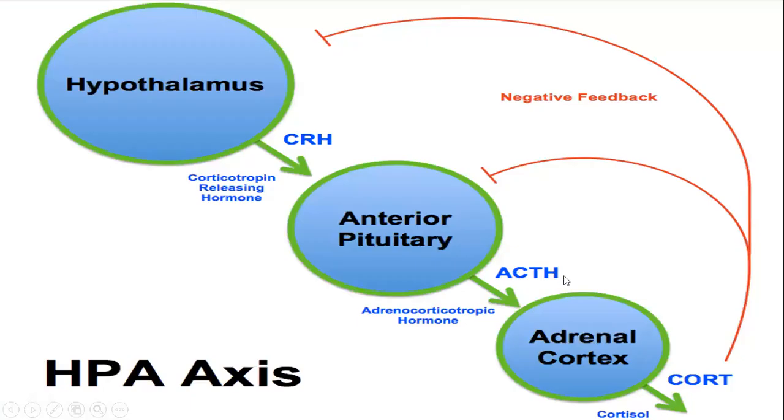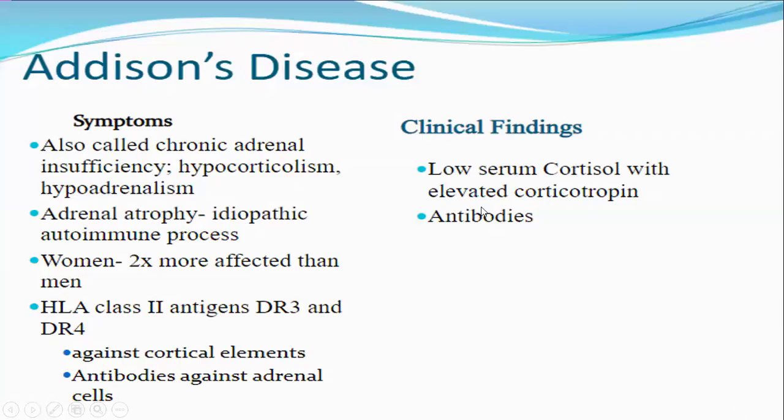And since you have low cortisol in Addison's, due to the destruction of the different cells caused by autoantibodies, this would send a positive feedback to the hypothalamus and anterior pituitary to produce more releasing and stimulating hormones for your adrenal cortex to produce more cortisol. Thus, the elevated corticotropin levels.